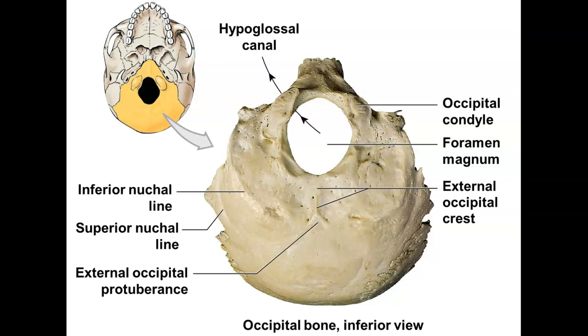You have the external occipital protuberance. And protuberance is somewhere that just kind of sticks out, kind of like you had your mental protuberance up front on your chin. You have an occipital condyle. You have the foramen magnum and the occipital crest, which is a line that sticks up high.